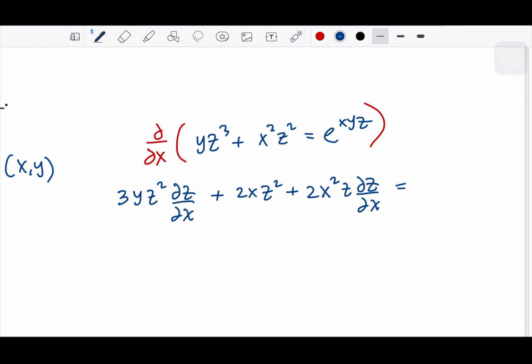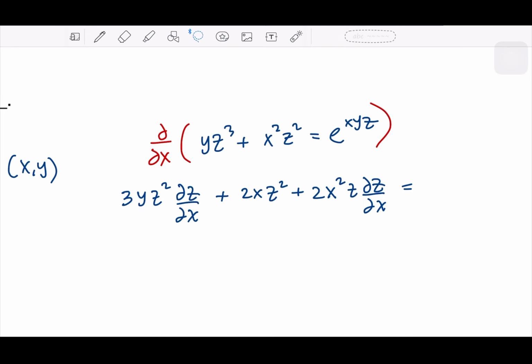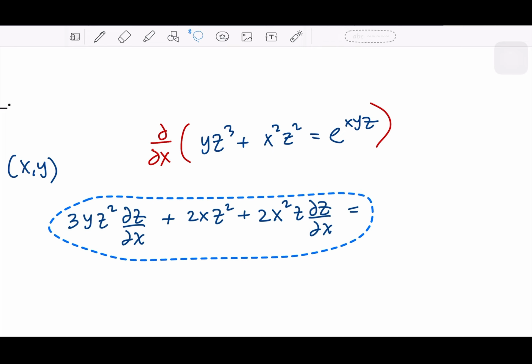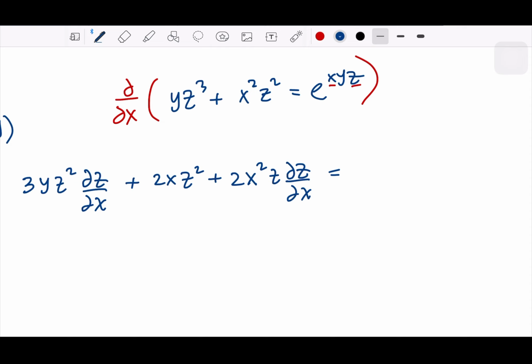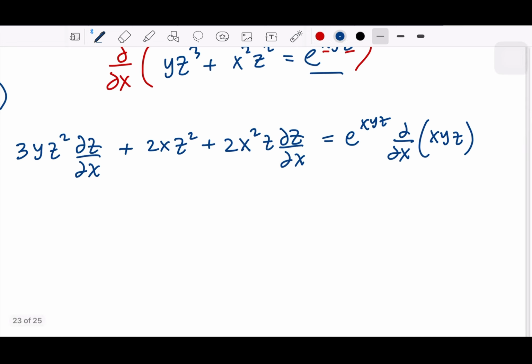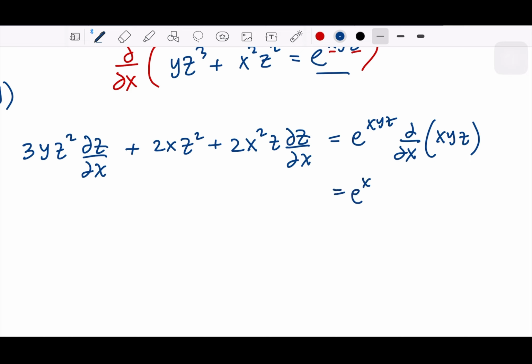The derivative of e to the xyz becomes e to the xyz times the derivative of the exponent. Let me write it one by one. It becomes yz plus xy times dz/dx. So it's quite a long formulation, right?